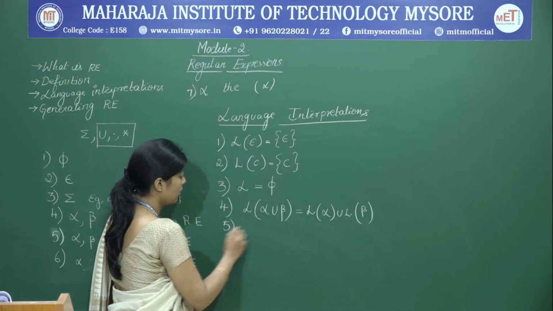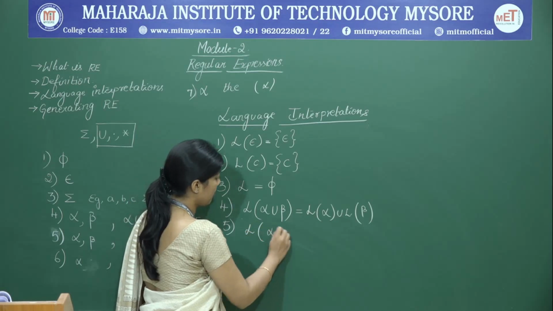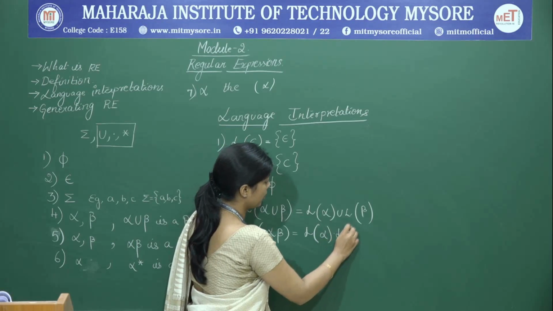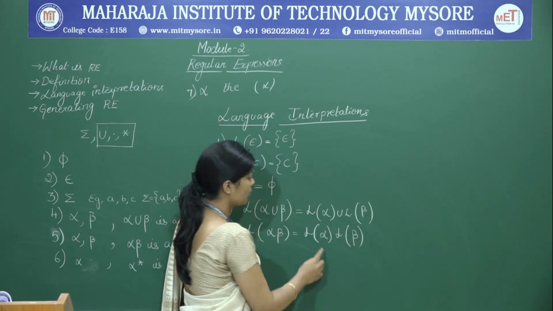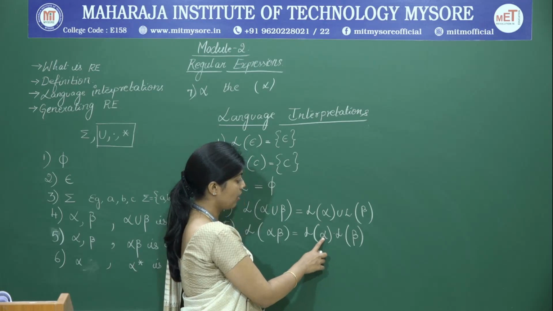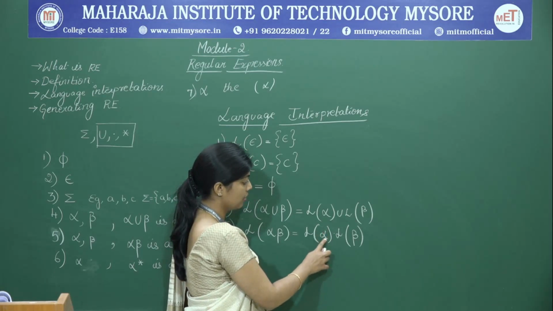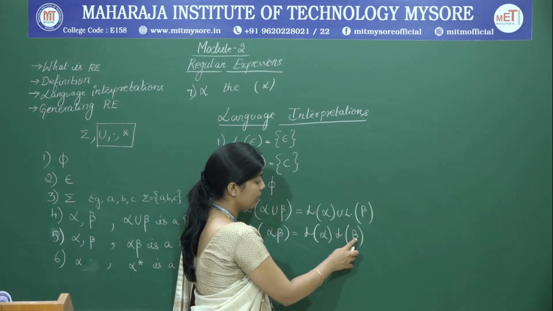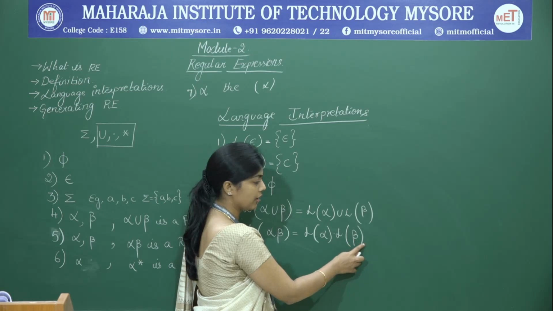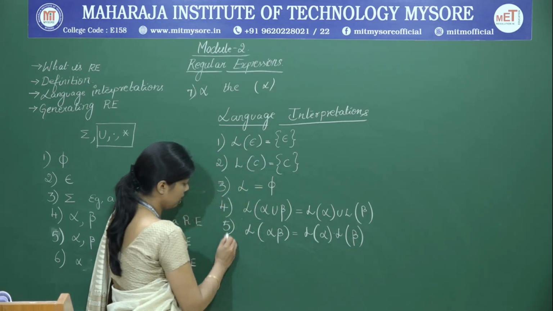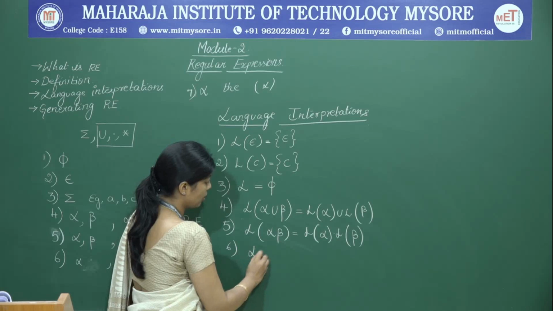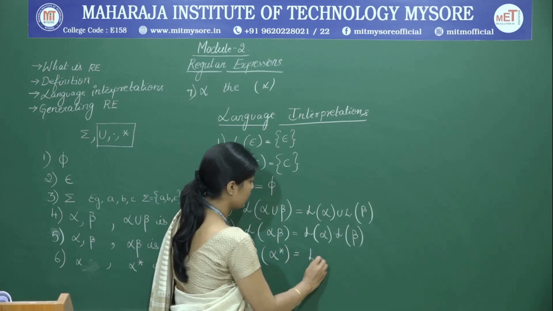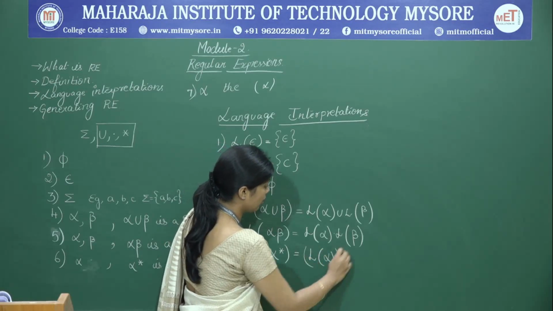Next, L of alpha beta is equal to L of alpha concatenated with L of beta. We pick up all the strings that belong to the regular expression alpha and concatenate them with all the strings that belong to L of beta. Next, if we are talking about L of alpha star, then it is as good as saying L of alpha the whole star.